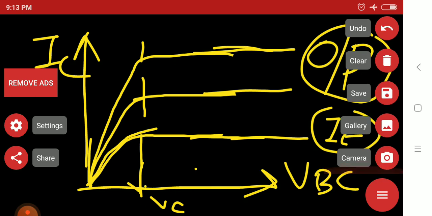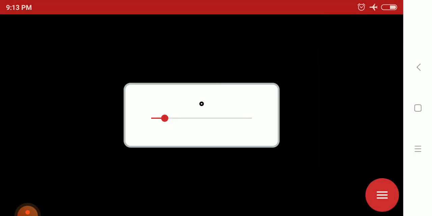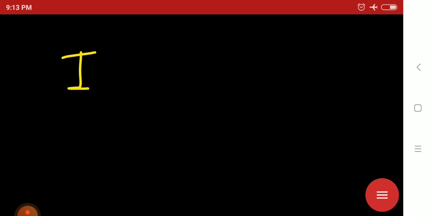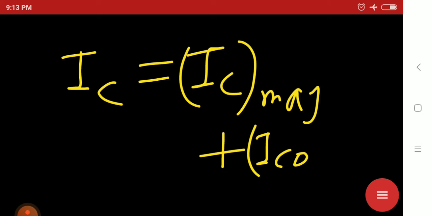Now in the common base configuration, we get a relation between collector current and the leakage current. Collector current IC is given by IC majority plus ICO.